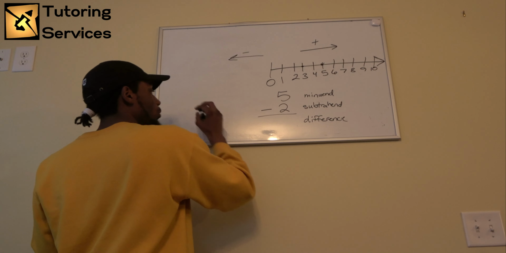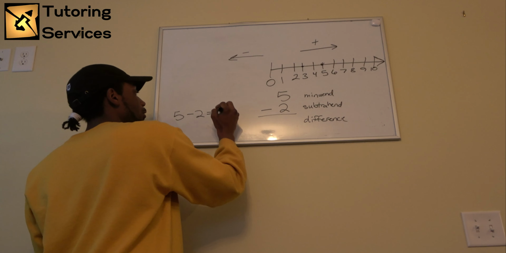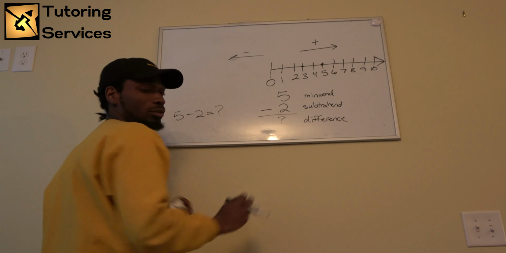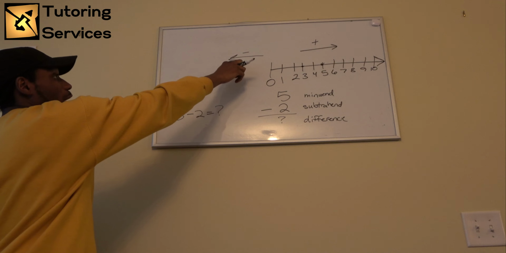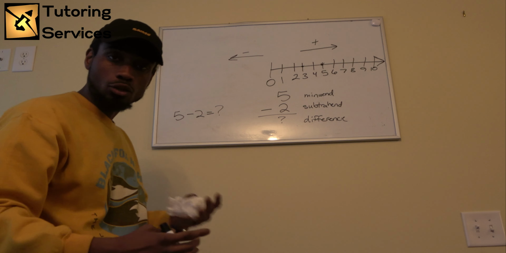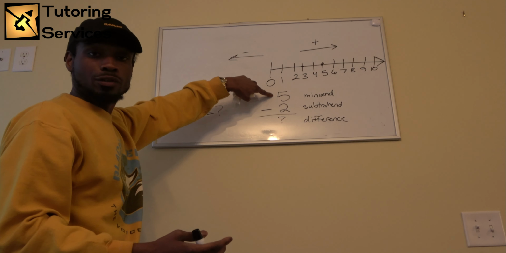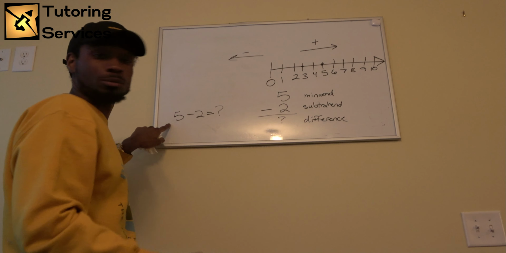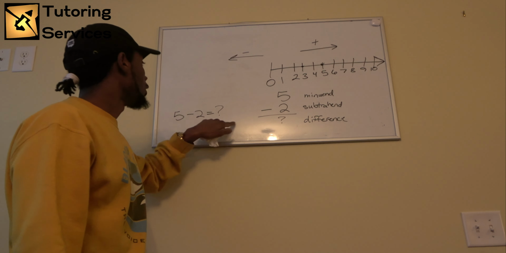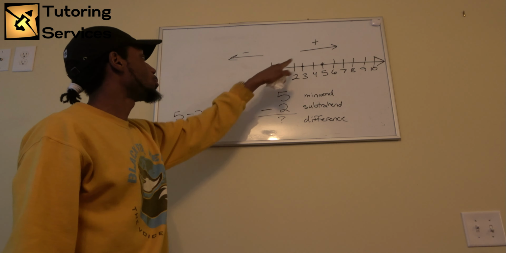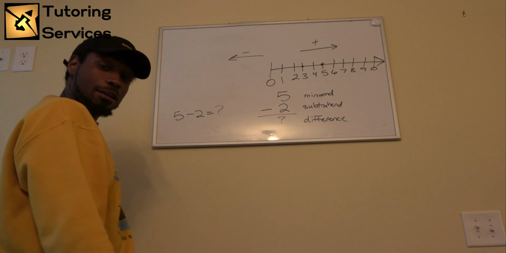5 minus 2 equals what? Let the question mark represent the answer. Anytime you subtract, it's the same way that I taught y'all how to do addition. You start with the number on top, or the number to the left. You start with 5, and then when you subtract, instead of going to the right, as if it was 5 plus 2, since it's 5 minus 2, you're going to the left.